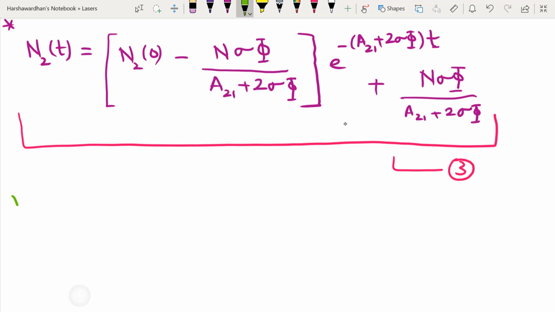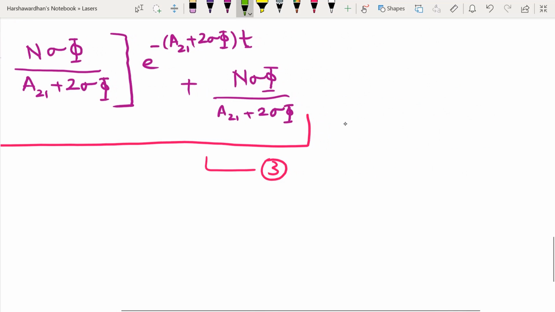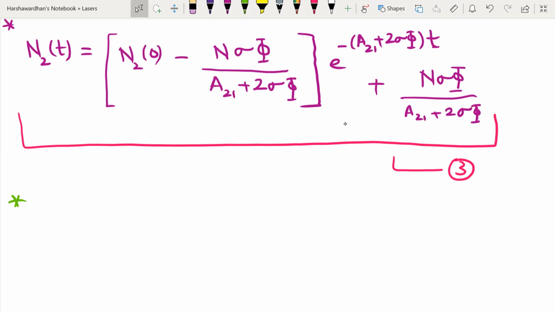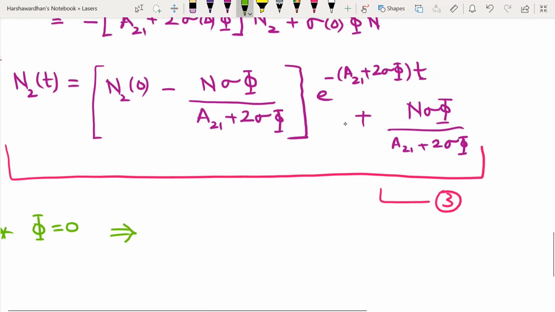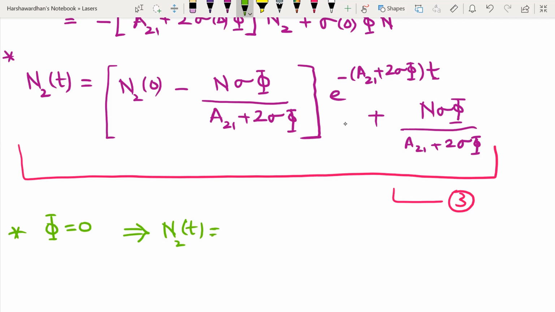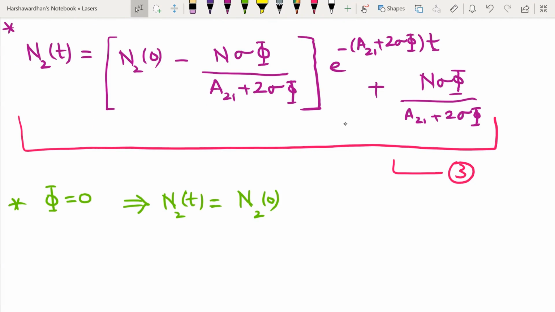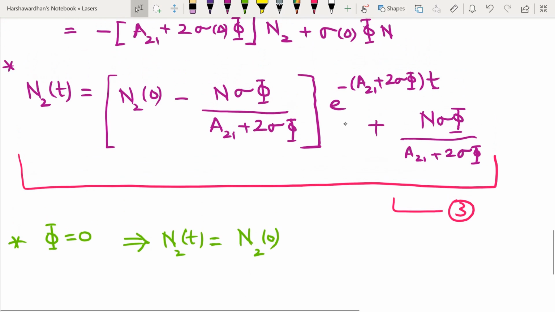So the first regime I want to look at is when my photon flux is 0. Imagine my phi is equal to 0. That is, there is no input photon flux, right? So what do you get here? If I put phi to 0, you will see that equation 3 will simply give me the first term, which is N2 0, whatever be the preparation N2 0. And as t tends to infinity, because my sigma phi is 0, my exponent for the decay is simply exponential minus A21 times t.